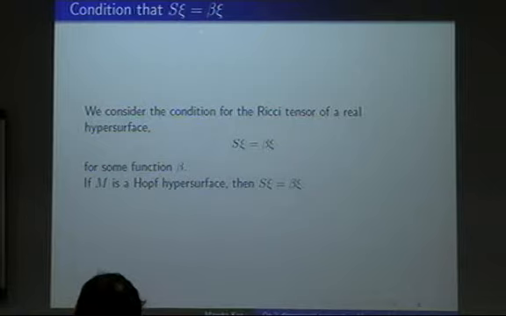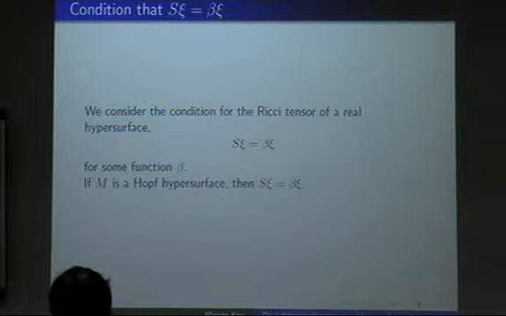This condition is weaker than the condition A xi is equal to alpha xi, which is a definition of a Hopf hypersurface. If the real hypersurface is Hopf, then it satisfies this condition. We consider this condition for hypersurfaces in two-dimensional complex space form.